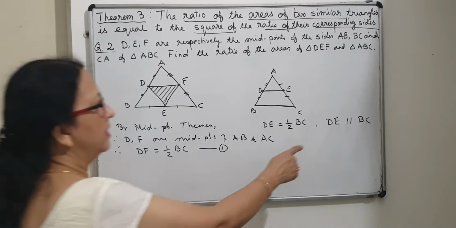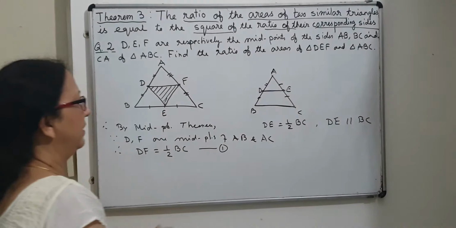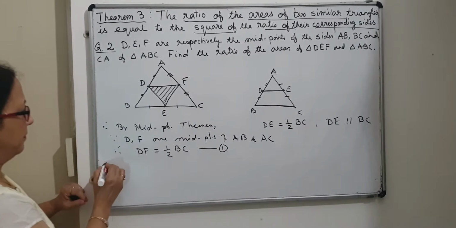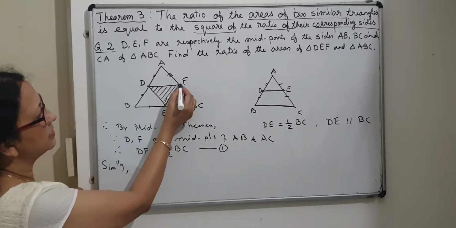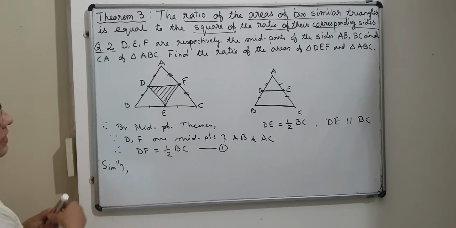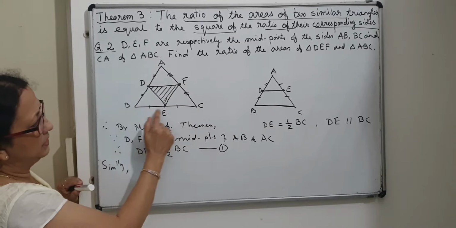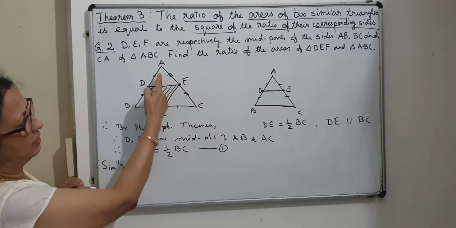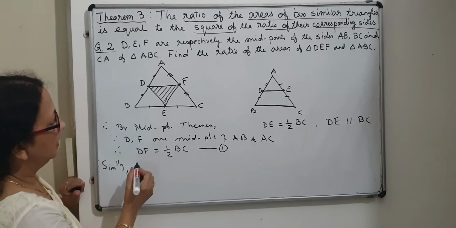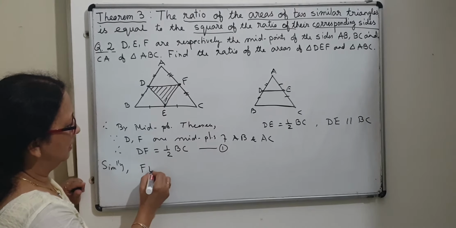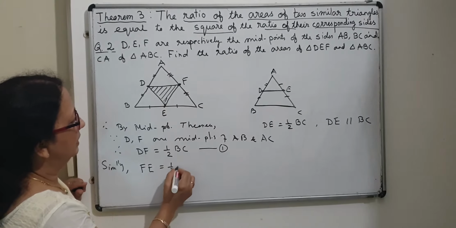I am not considering the parallel part here. Similarly, if I consider F and E, they are the midpoints of AC and BC. So FE will be parallel to the third side, meaning AB, and FE will be half of AB.